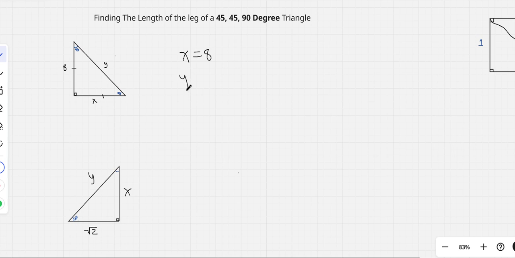So y equals 8 times the square root of 2, which is simply written as 8 square root of 2. Great job. Let's go to the next one.